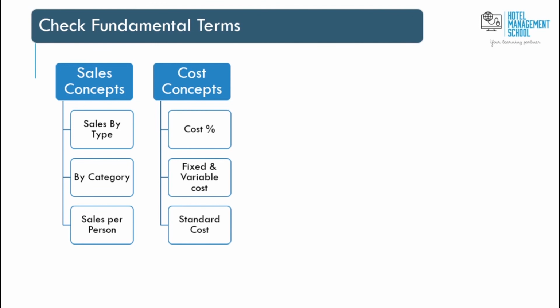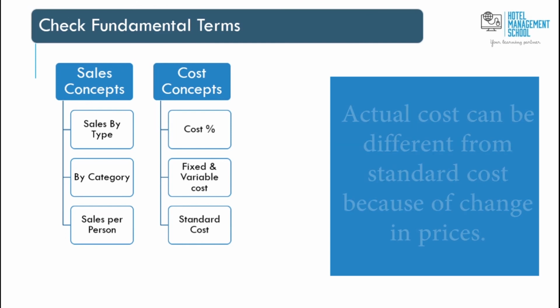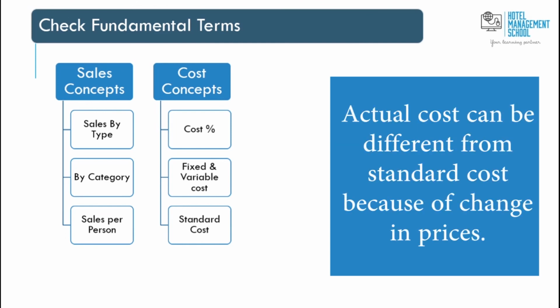You are not changing your standard cost all the time. But you need to update your cost every 6 months, every 3 months. You need to see the market price and decide whether I should adjust my standard cost or not. Whenever you are doing the pricing, it's always based on standard cost. It's never based on actual cost. Actual cost can be different from the standard cost, right?